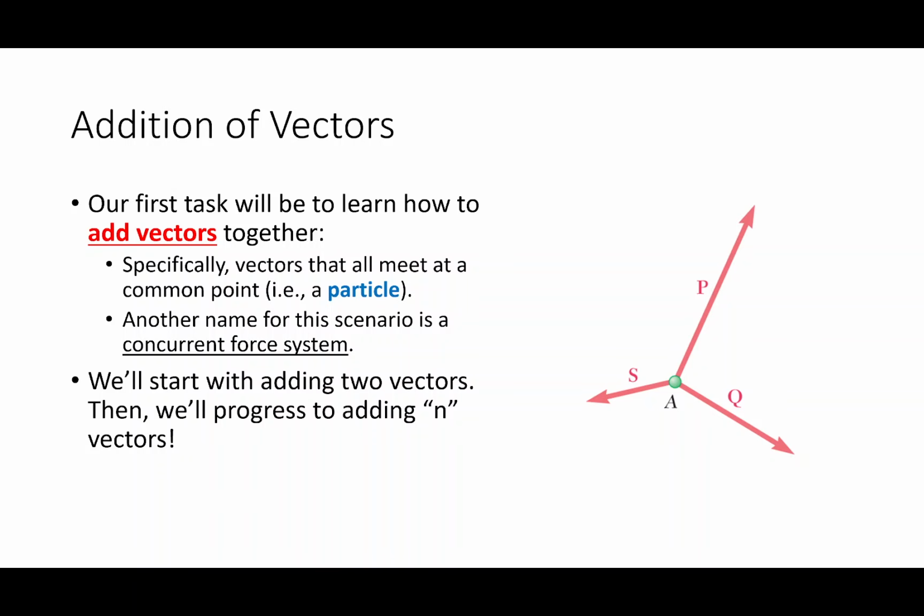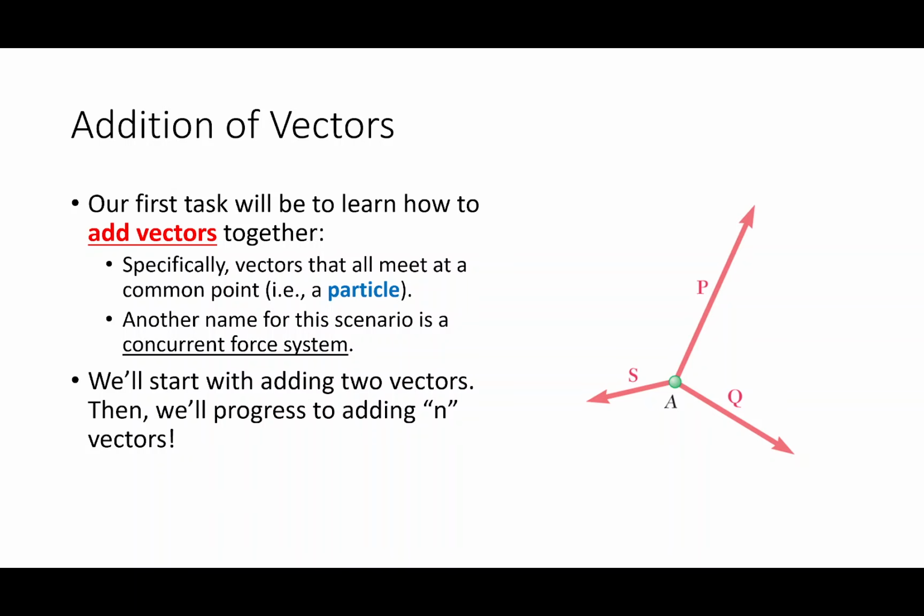For the first couple weeks, we're dealing with what we call concurrent force systems. That's a mouthful, so I'm going to shorthand it to the term particle. All I'm saying is any physical situation where all the forces meet at a common point.